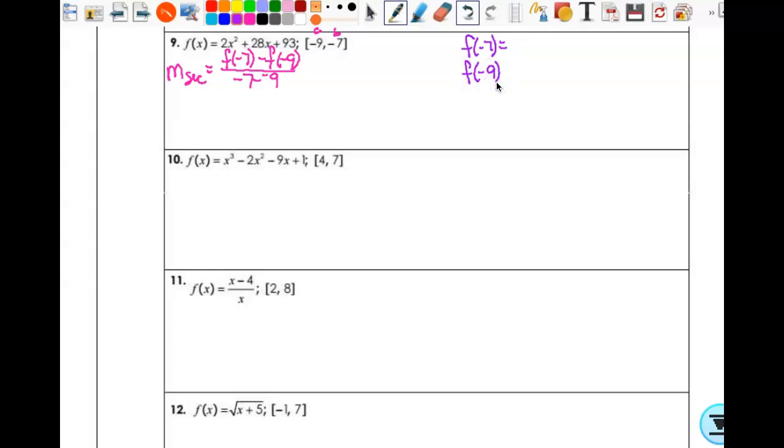So f of negative 7 is going to be 2 times negative 7 squared plus 28 times negative 7 plus 93. F of negative 9 is going to be 2 times negative 9 squared plus 28 times negative 9 plus 93. You substitute it in, okay? And yes, you have to write that down, okay? And then now you can let the calculator do that for you. Find those two values.